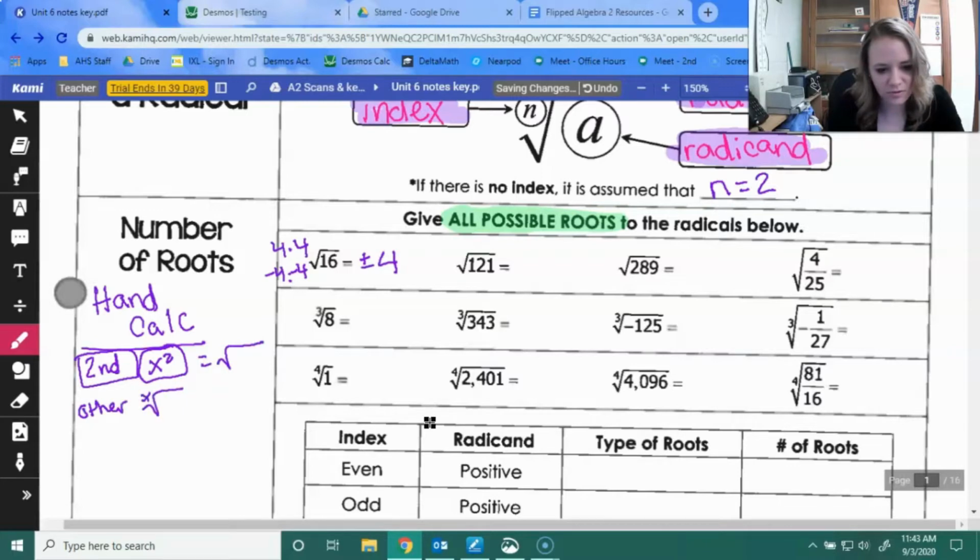Other roots, you push math and either 4 or 5.